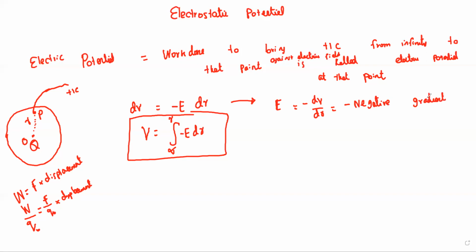The rate of change can also be called gradient. So negative gradient of electric potential, simply speaking. So electric field intensity can also be defined as the negative gradient of electric potential. And the unit of electric potential, what is the unit of electric potential?